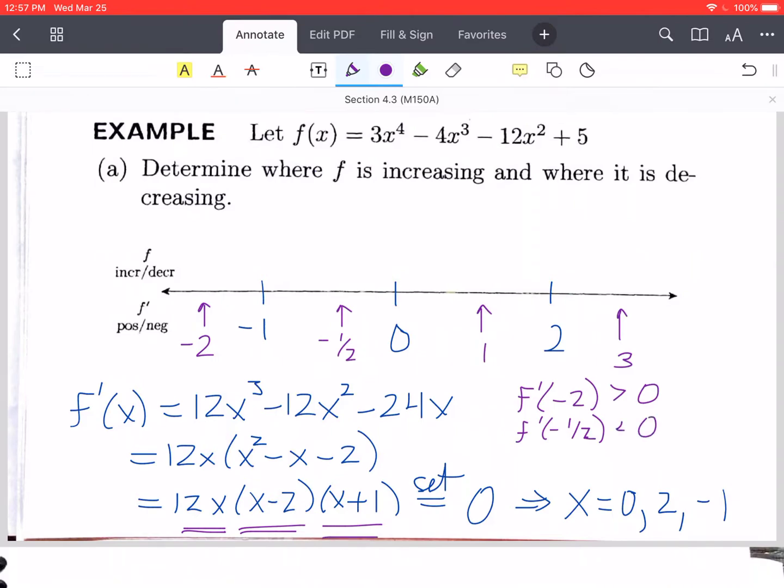So that's less than 0. F prime of 1, we get positive times negative times positive. So that one is going to be less than 0.